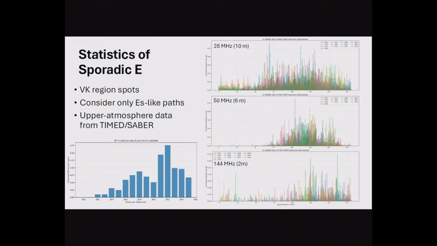And I'll come to actually talking about all of the human effects potentially on the data and other potential effects. But in that simple approach, here's the seasonal variation of Sporadic-E like propagation at 10 metres, 6 metres and 2 metres, going back to 2009 or thereabouts. I think I've actually only got from 2013 in these plots here. And this is the sort of stuff that you know quite well, this is summertime.